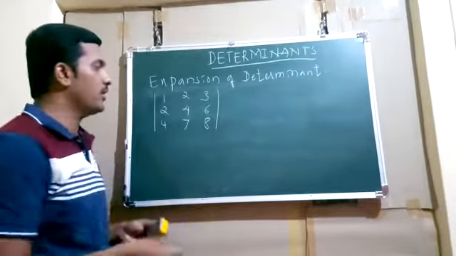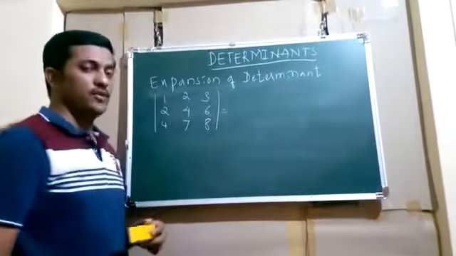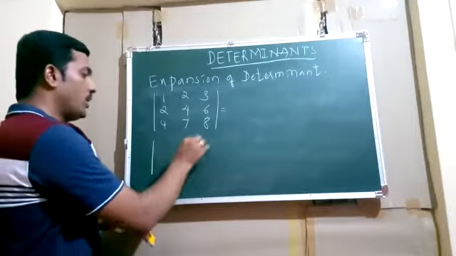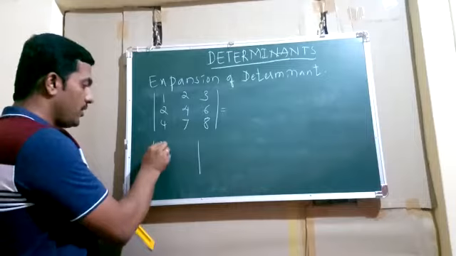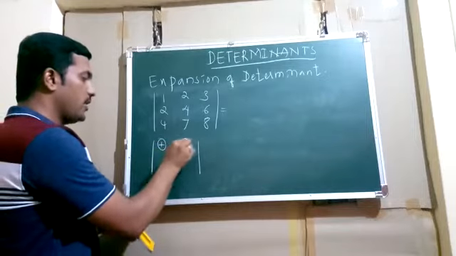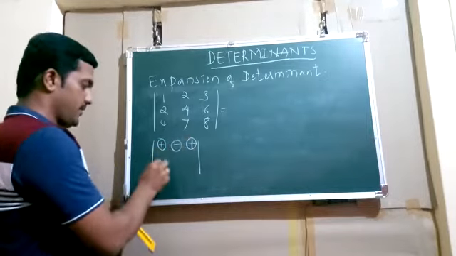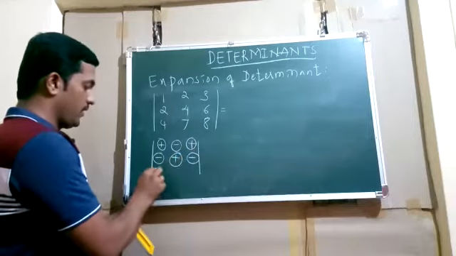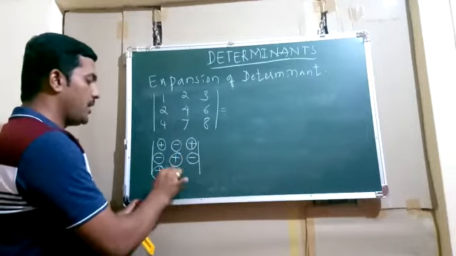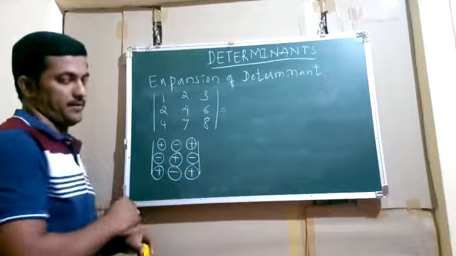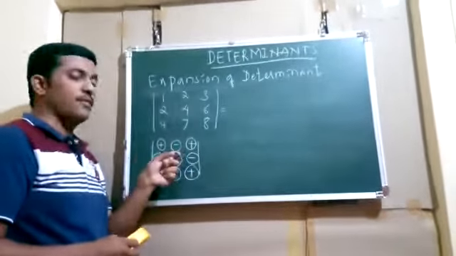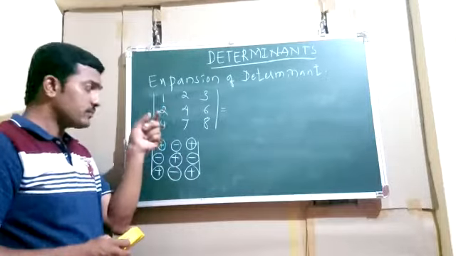Before going to the expansion of the determinant, one should know the signs here. So here it is a plus sign, minus sign, plus, then minus, plus, minus, and plus. It's very important to know these signs for the determinant expansion, especially for 3 cross 3 determinants.